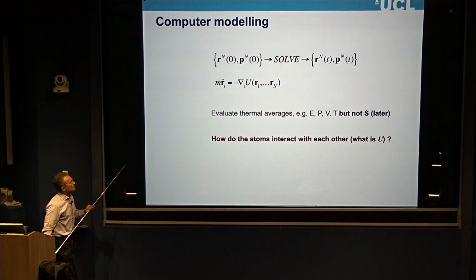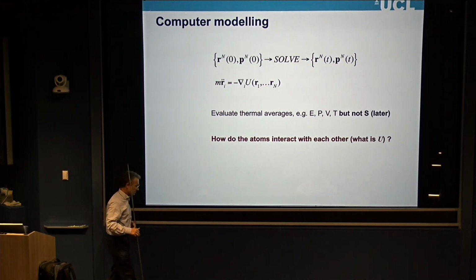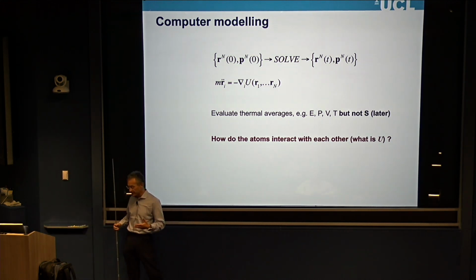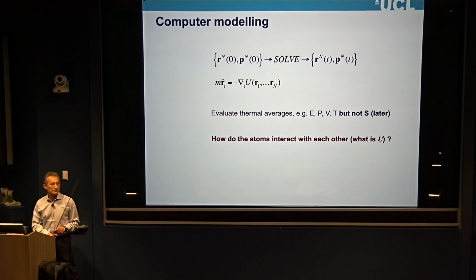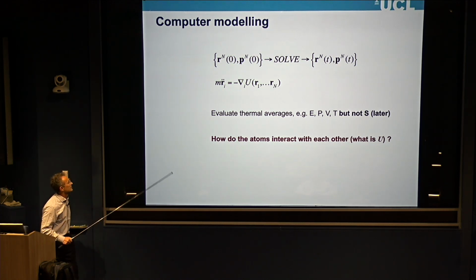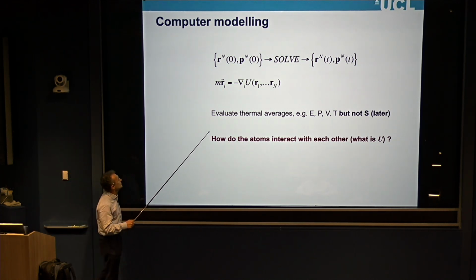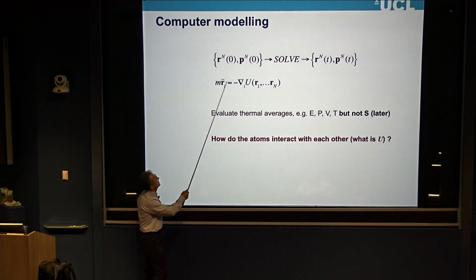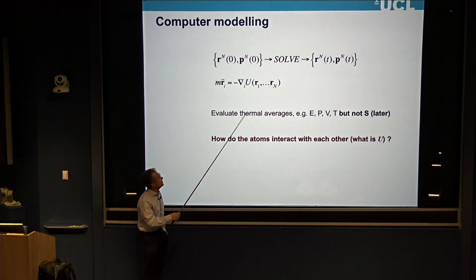So this quantity can be calculated in a computer effectively by solving, if you like, the second law of motion of Newton, mass times acceleration equal to the gradient of the potential.